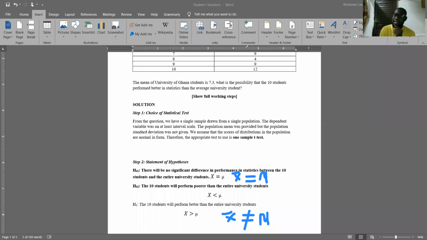So this implies that when your hypothesis is non-directional, you're supposed to state one hypothesis for your alternative and one hypothesis for your null.